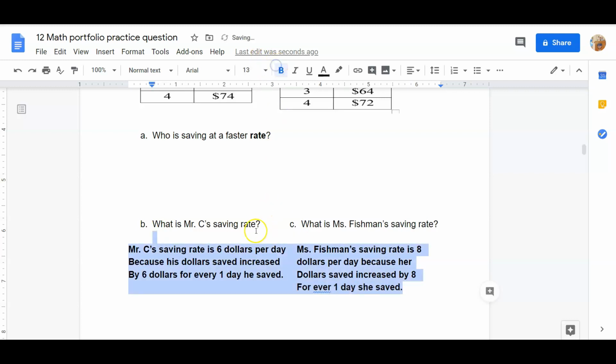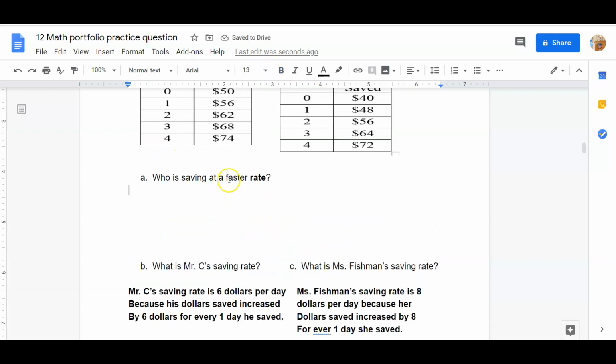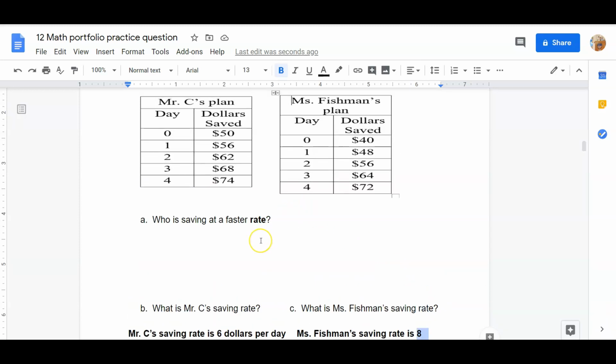Make sure that's bold. And finally, who's saving at a faster rate? Well, if Mr. C is saving at $6 and Ms. Fishman is saving at $8, who's saving faster? Even though Ms. Fishman starts at a lower amount of dollars saved, you could see in the table that by day 5, if we added another column, they would actually be at the same amount saved.